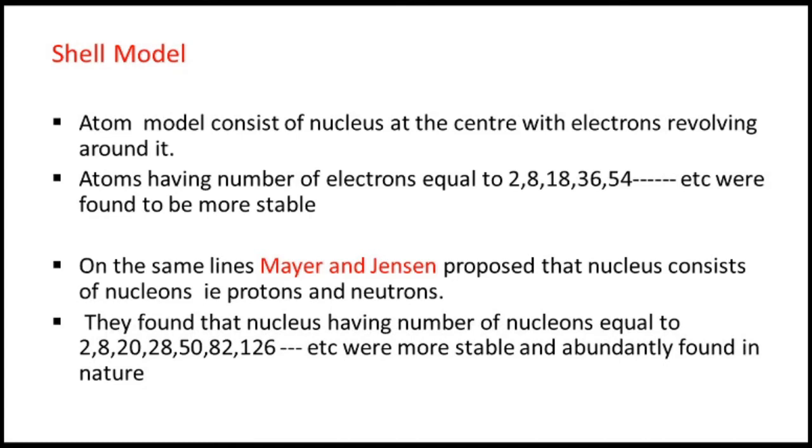These two scientists found that the nucleus having nucleon number equal to 2, 8, 20, 28, 50, 82, 126, and so on, certain specific numbers, were found to be more stable and abundantly found in nature.